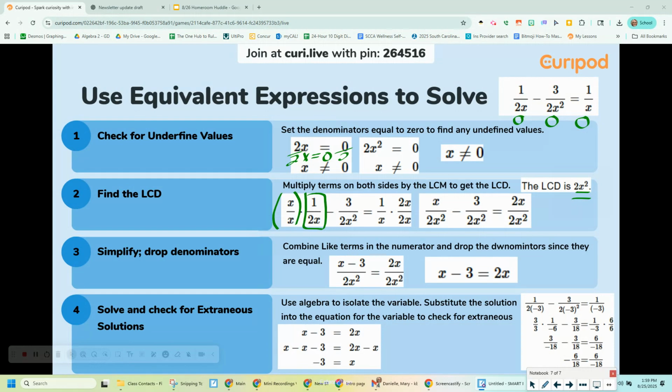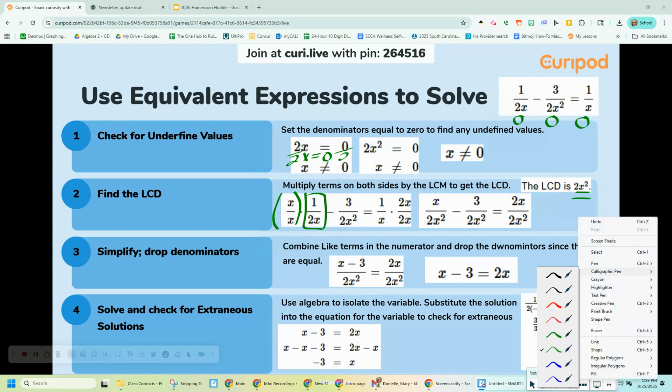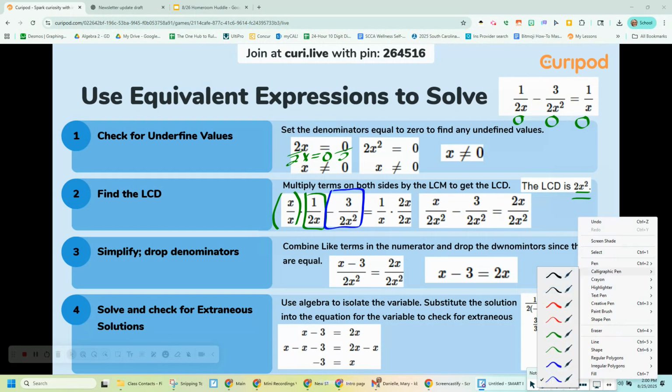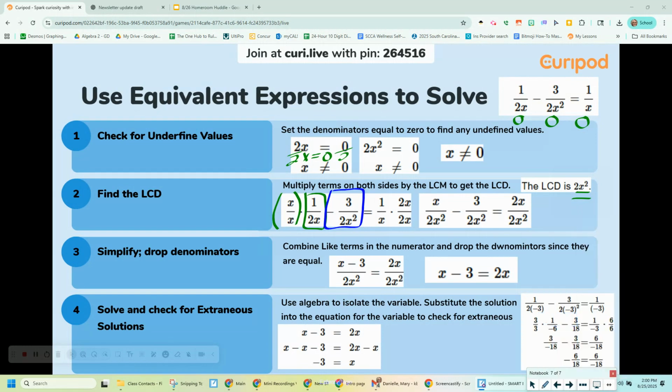The second term already has the denominator of 2x squared, so I do not have to multiply that one. My last term is on the other side of the equal sign, 1 divided by x.